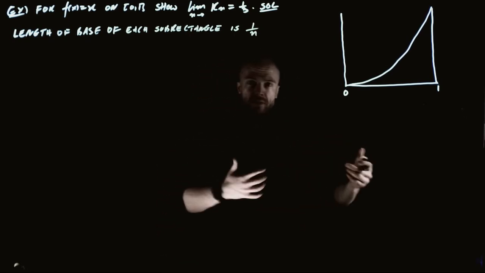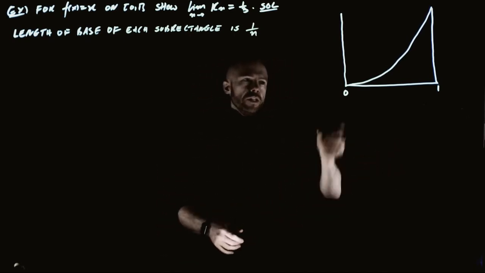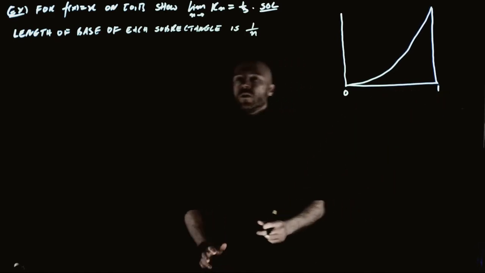Because n times 1 over n is 1, right? So each one of these subrectangles has to have length 1 over n.